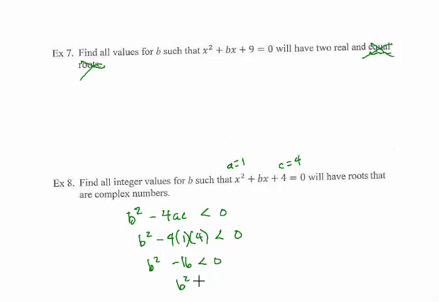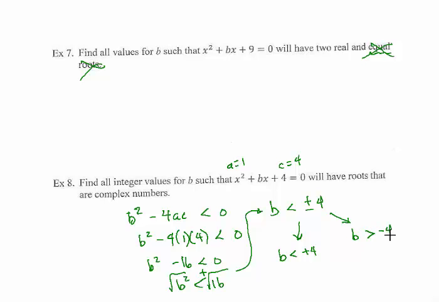Move the 16 to the right side of the inequality, and we see that b squared has to be less than 16. Square root of both sides, we end up with b, square root of b squared is b, is less than plus or minus 4. And so if we go with the plus, then we say b is less than positive 4. If we go with the minus, then we write b is greater than minus 4.